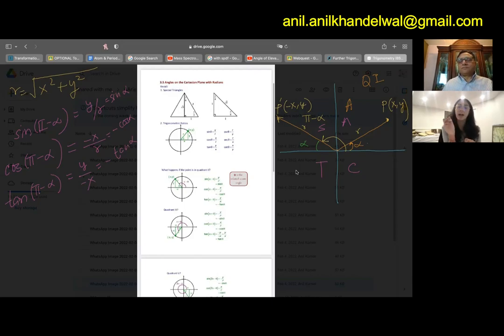If it's in the second quadrant, then your cos and your tan will be negative. If you're finding your sine value, it'll be positive because your y is still positive, and y over r is the only thing you need for sine. Because you need x values for cos and tan, it'll be negative cos alpha and negative tan alpha. I got it.